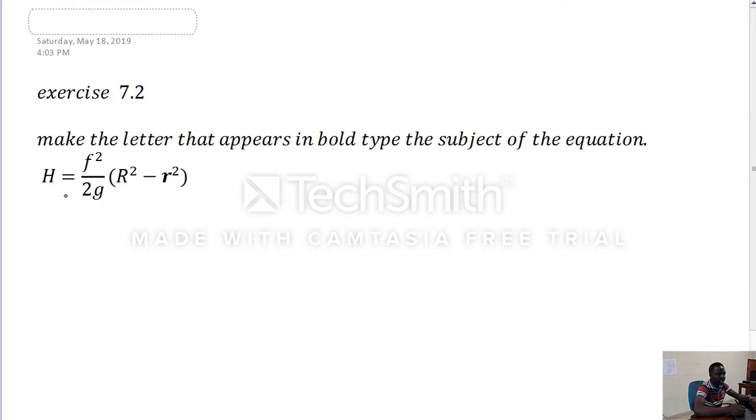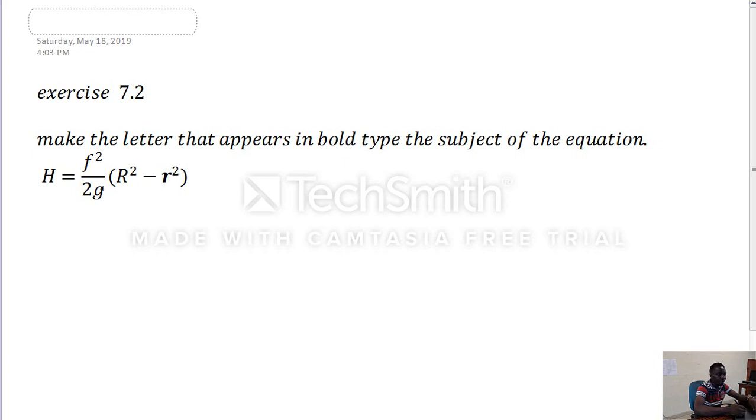Equation. Next is for us to make R the subject of the formula. Looking at the equation, it says h is equal to f squared over 2g into bracket capital R squared minus small r squared, and we are to make small letter r the subject of the formula.